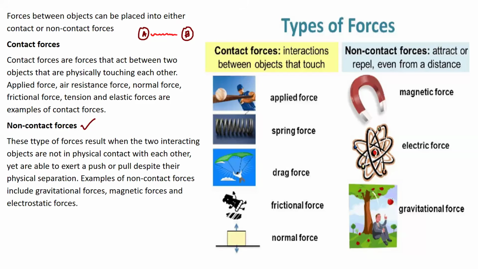They are non-contact objects, and the forces that act on them are non-contact forces. So there is a physical separation between object A and object B. And due to this separation, we get to a point to say the forces are non-contact.